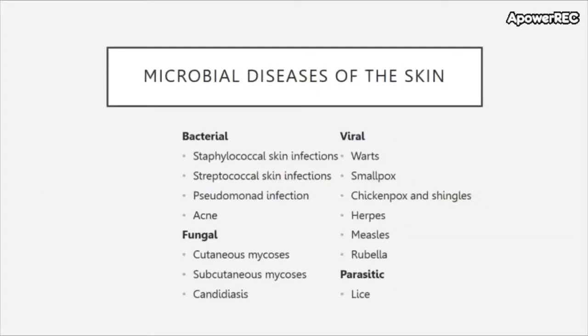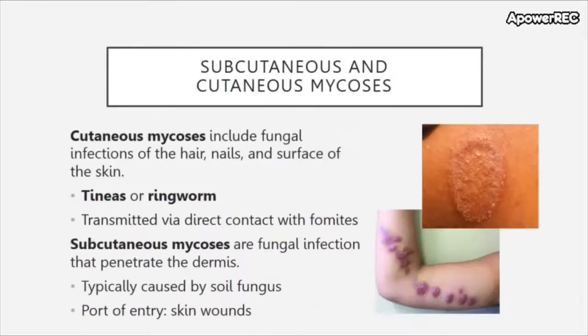Okay, let's move right along with talking about fungal infections. Two main types include cutaneous mycosis, which is a fungal infection of the hair, nails, and surface of the skin. Tinea or ringworm is a very common example of this. It's transmitted via direct contact with fomites.